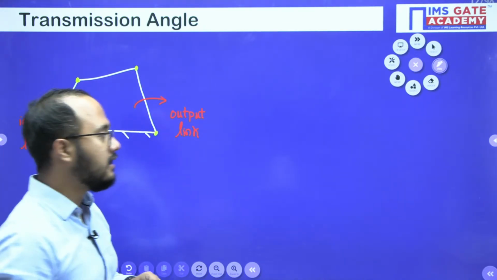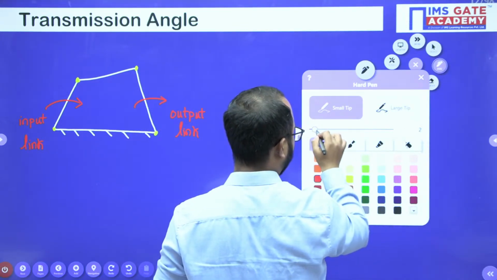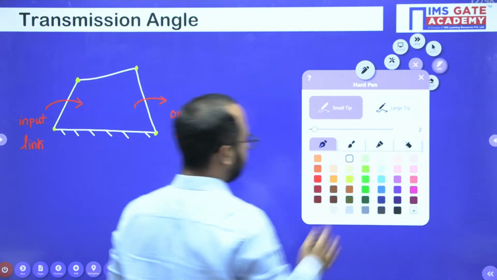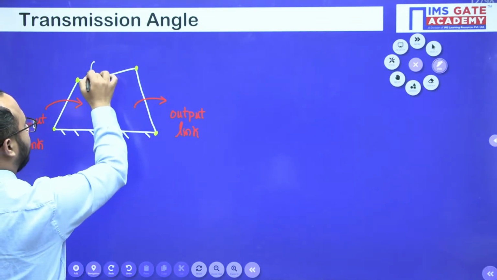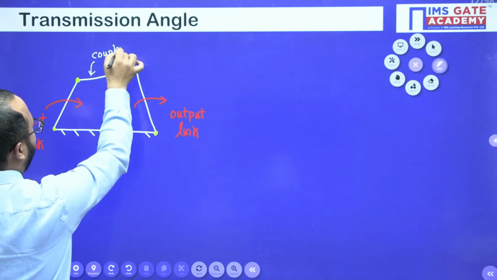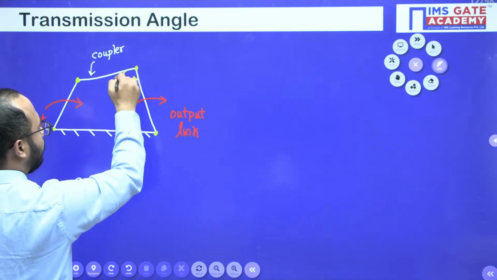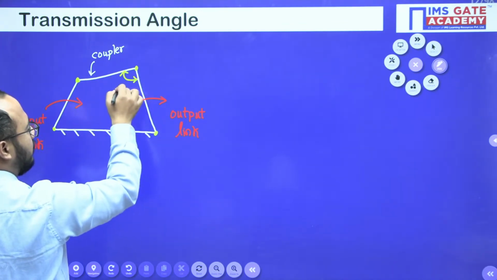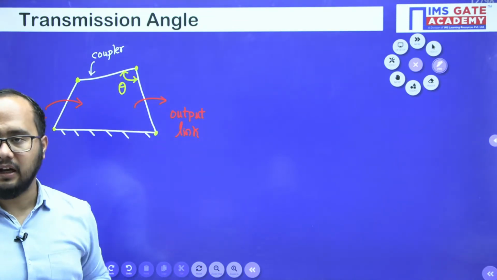Now you should understand this point, a very important point. So this input link is there, this output link is there. Generally we'll call this link the coupler here. Whatever angle you are having between this coupler and the output link, let's suppose we call it theta here. So this theta is our transmission angle.